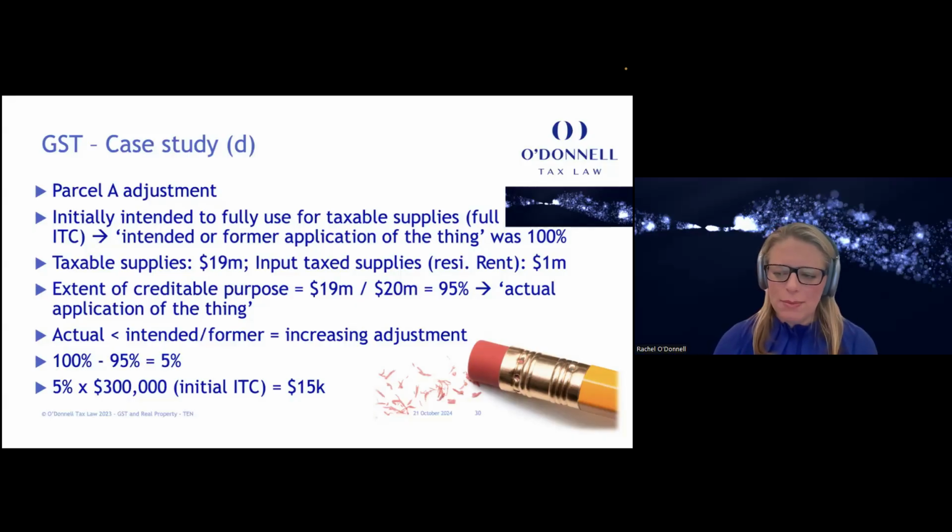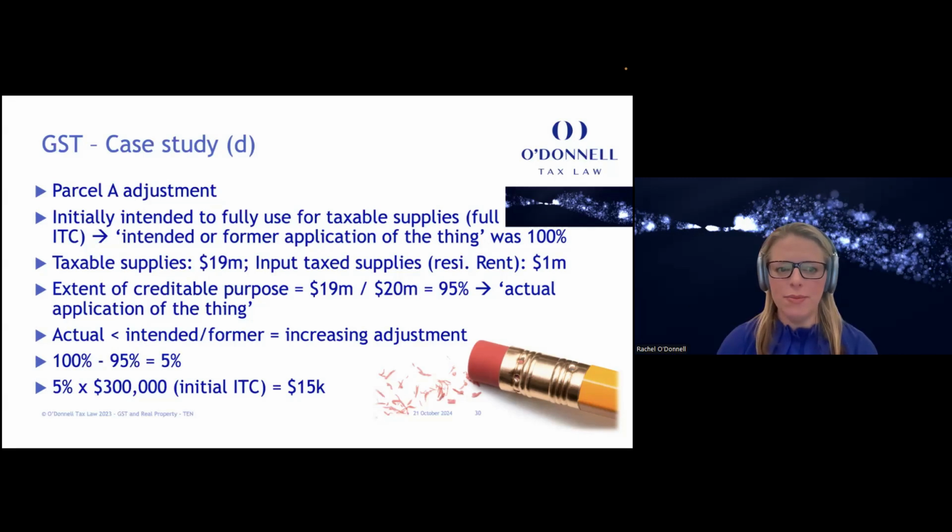And because our actual application is less than our intended or former application, we have an increasing adjustment. So if it was changing the other way, we'd have a decreasing adjustment, and we'd actually be able to essentially claim back some of the GST that we didn't otherwise claim. So our increasing adjustment is 100%, our intended or former application of the thing, minus our actual application of the thing, which is the 95%.